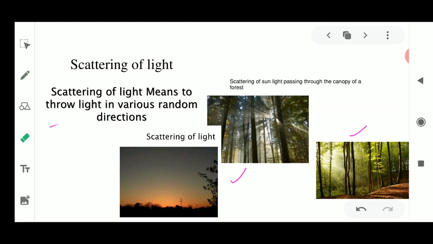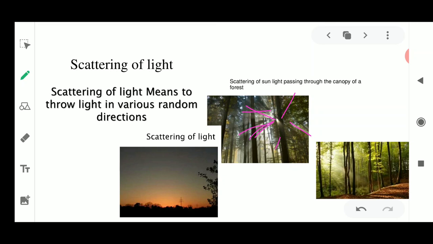As you can see in the picture, whenever tall trees are present, the rays of light coming from the sun, when they come in between the trees, move in different directions.